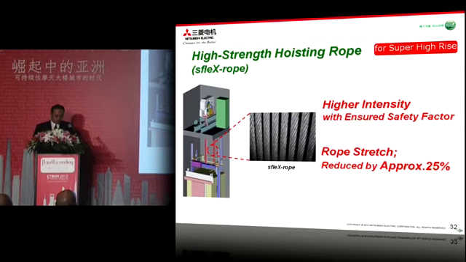Therefore, we have developed the S-flex rope to increase the strength of the ropes, but at the same time minimize its weight. This high-intensity S-flex can reduce the rope weight due to the super high rise by approximately 25% compared with conventional ropes.